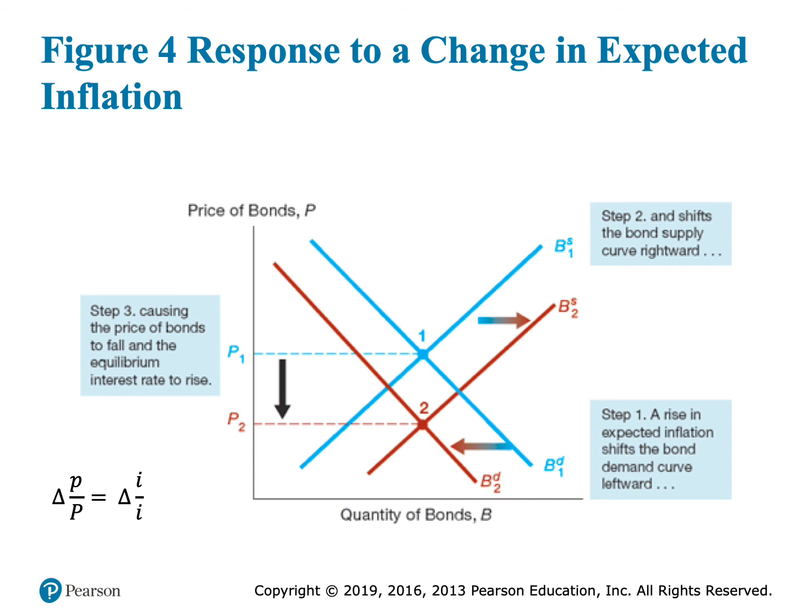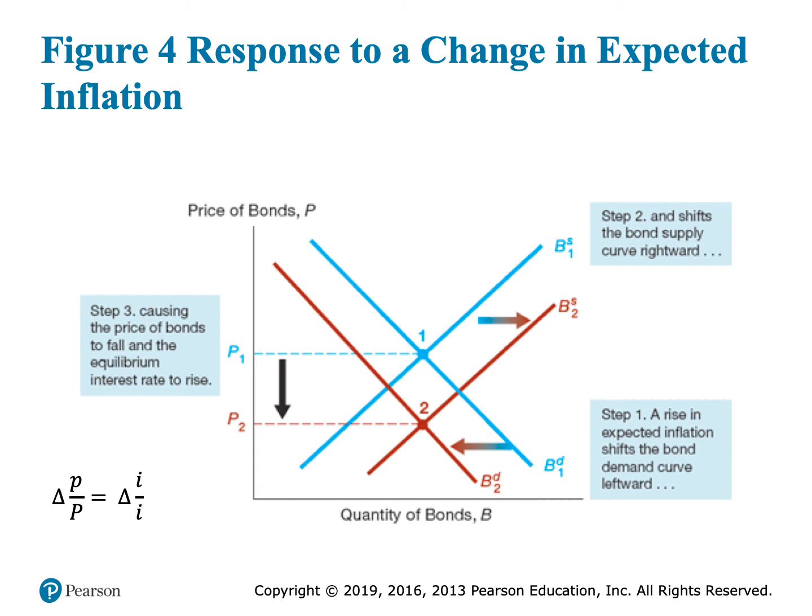So the quantity of borrowing and lending, the quantity of bonds bought and sold, is the same at point 1 and point 2. And so the real incentives to borrow and to lend must be the same at point 1 as at point 2. What we've seen is inflation increase, and that has pushed up the nominal interest rate, associated with the movement from P1 to P2, an equivalent amount.